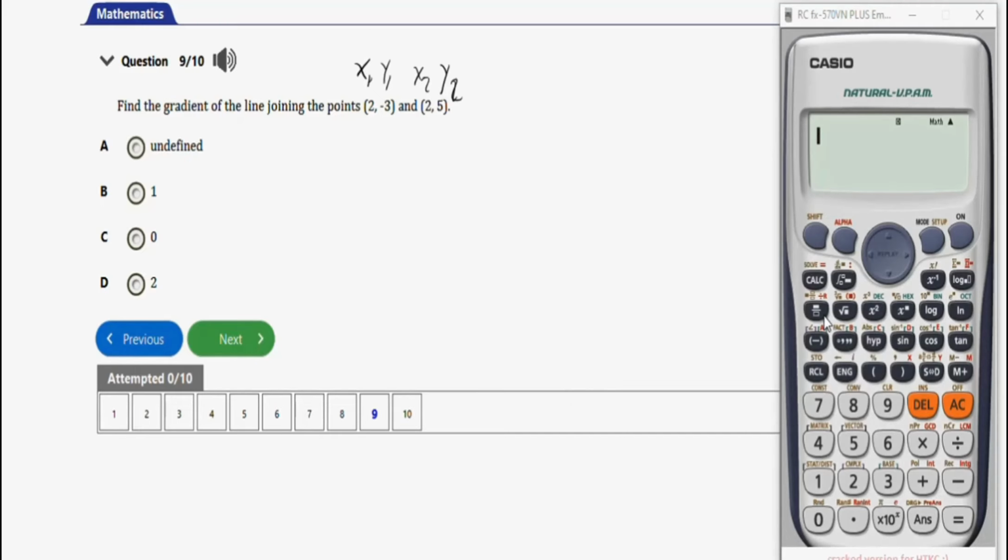So this will be the gradient, the slope: y2 minus y1. So y2 is 5, our y1 is -3. So minus times minus, we have plus here instead of -3. Okay, then our x2 is 2, our x1 is also 2.